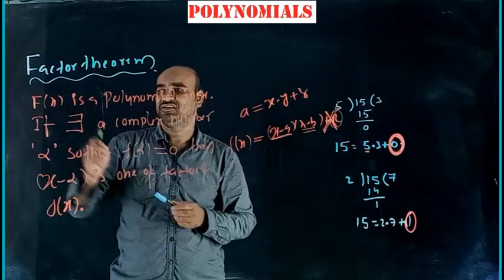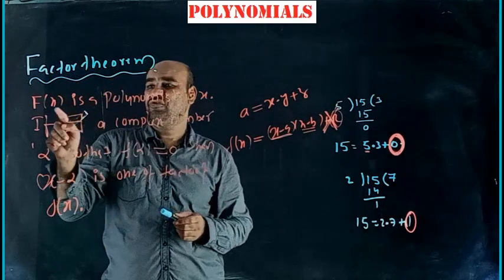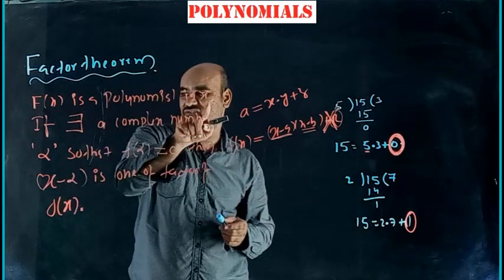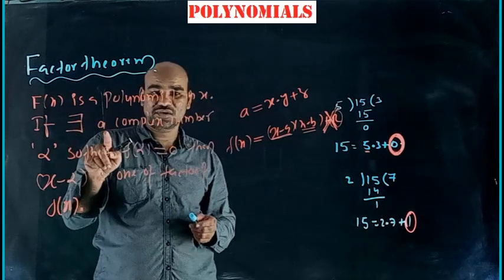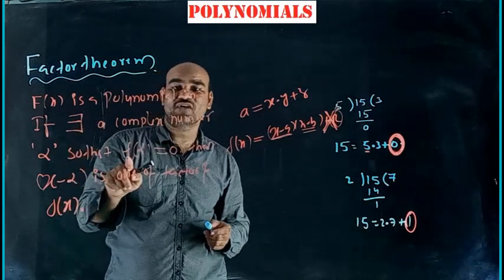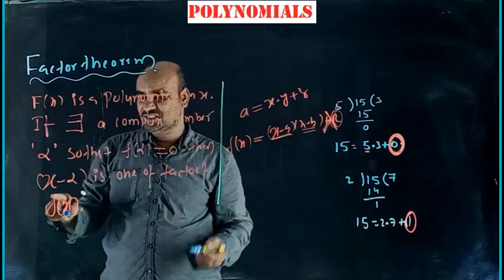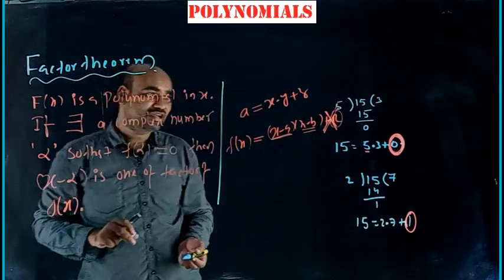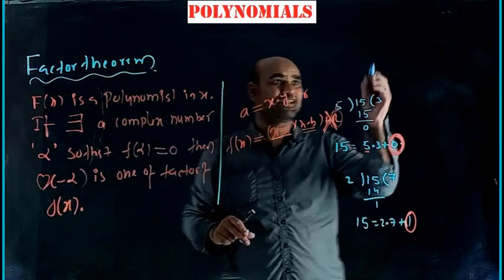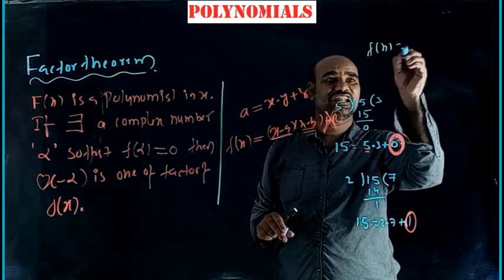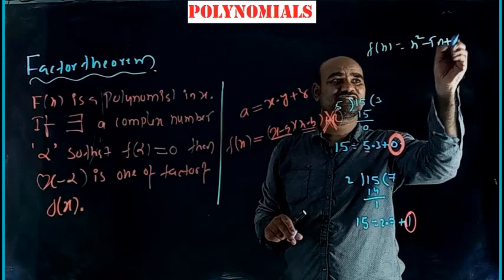Once again listen. What factor theorem is saying is that f of x is a polynomial in x. If there exists a complex number alpha so that f of alpha equal to 0, then we can say that x minus alpha is one of the factors of f of x. I will explain through an example. For example, f of x is taken as x square minus 5x plus 6.